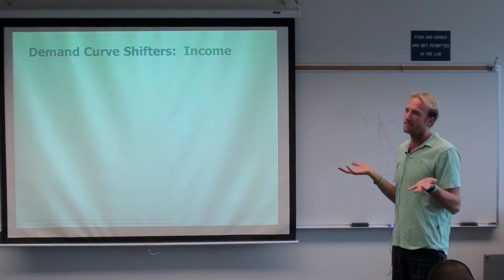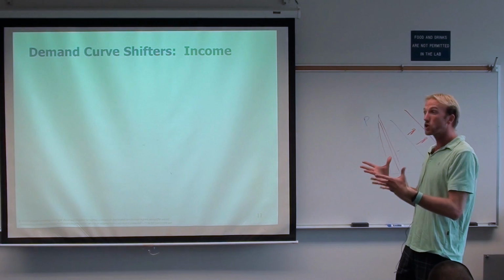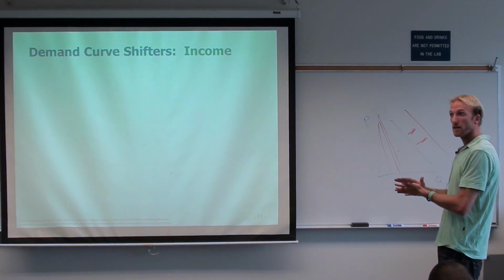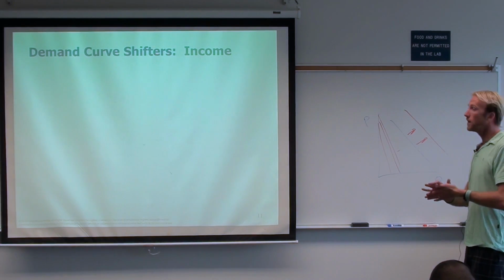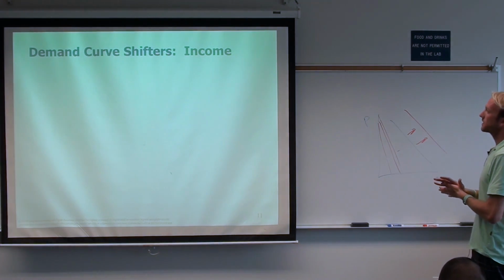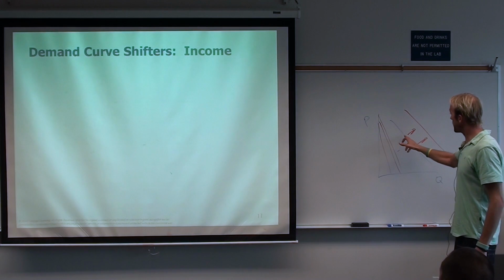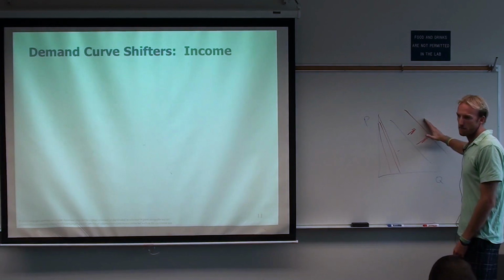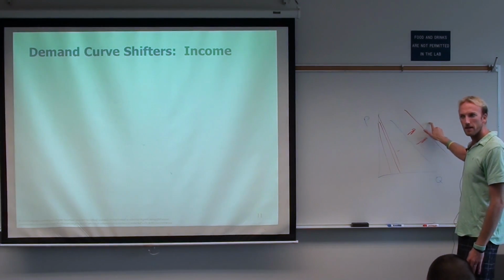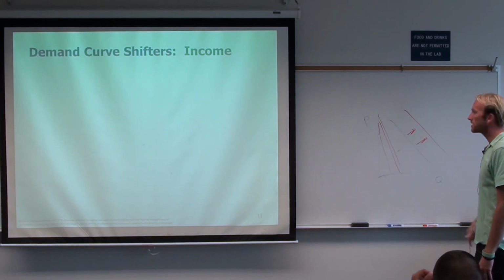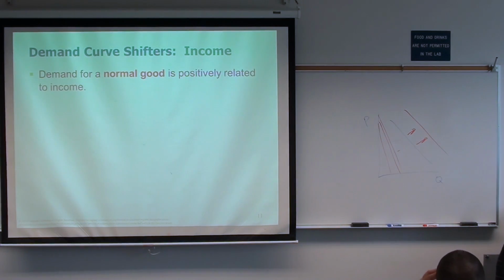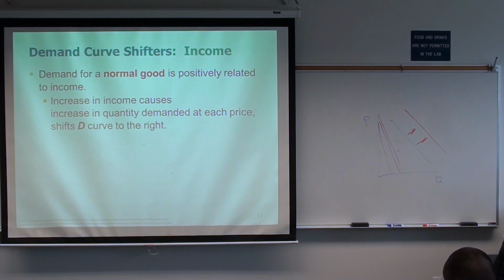If I like lattes, I guess. It will increase, right? Given that I like lattes, given that lattes are a normal good, it will definitely increase, at every price point, actually. And since at every price point it increases, it does the exact same thing. It looks like an increase in the number of buyers. Increase in income shifts it up. And this is for a normal good.